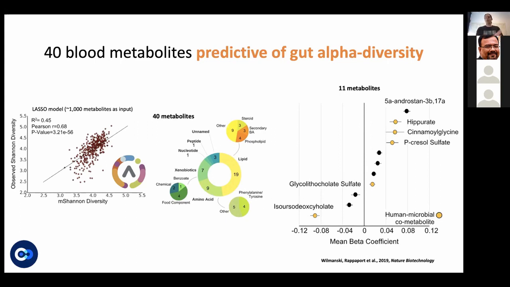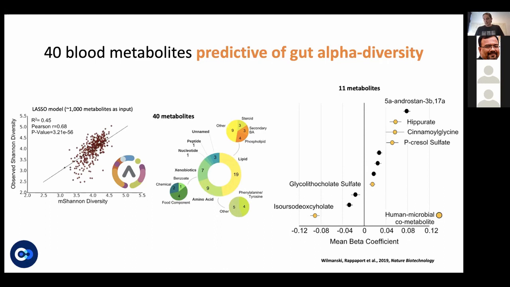They go into the blood, they go to the liver, and benzoate gets glycine added to it and becomes hippurate, and cinnamate, same story. P-cresol sulfate is a breakdown product of, I believe, tyrosine, but the microbiome ferments tyrosine into p-cresol, goes to the liver, gets sulfated, and that's what we pick up in the blood. And the lower 2 here are secondary bile acids, which are only produced because of the activity of the microbiome.